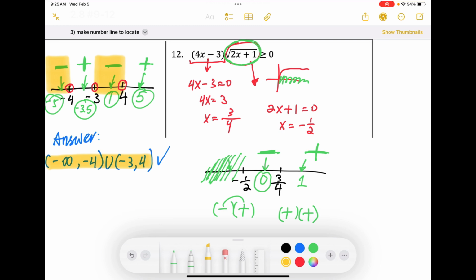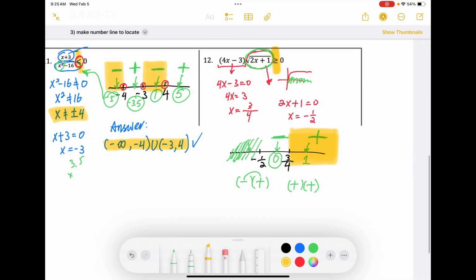What is the question asking for? Greater than or equal to 0. So where do you see such a thing? This is right here. Now let's come up with the information for my answer key.